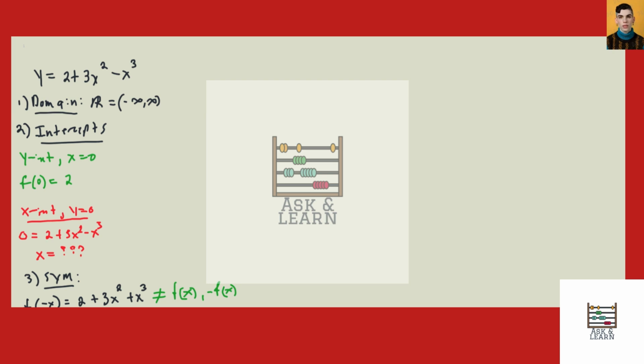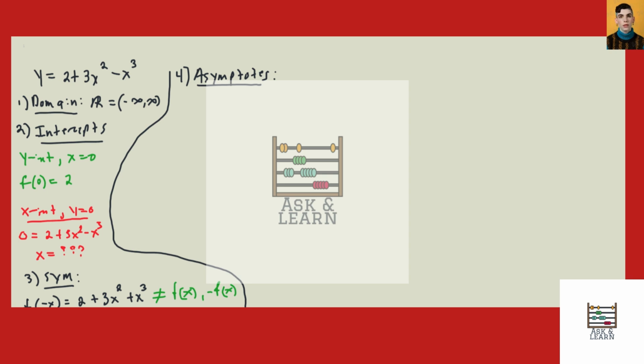All right. So we've gone through the first 3 steps. The next part is to look for asymptotes. And we know that this will have no asymptotes with it just being a polynomial. But we can at least use this to help us find our end behavior.